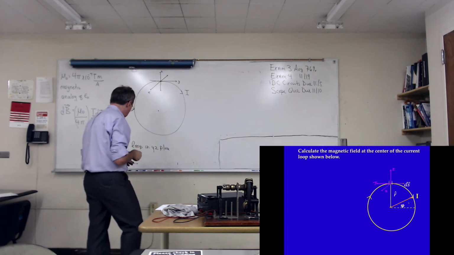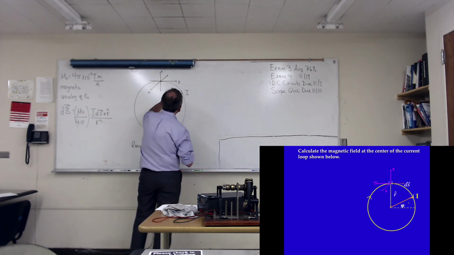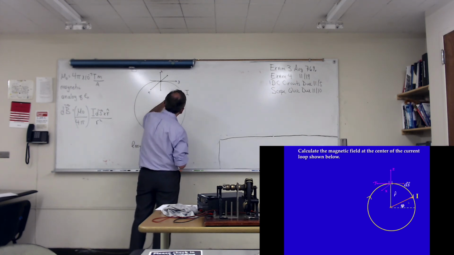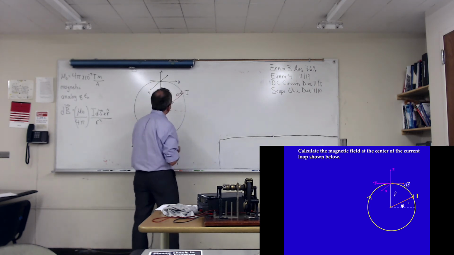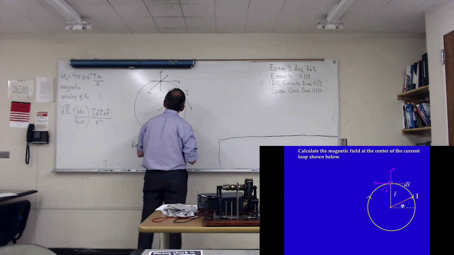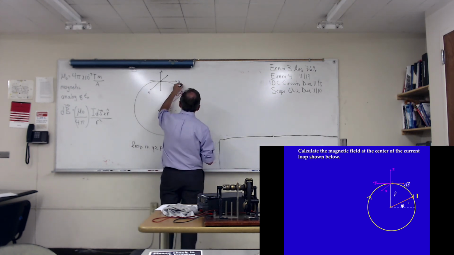Well, here's an element of the wire ds. This is the angle theta. My current, at that point, it points this way. Let me draw another coordinate system up here. This is z, this is y.